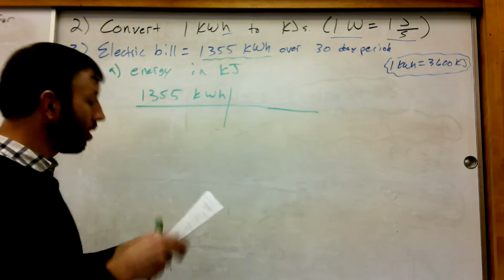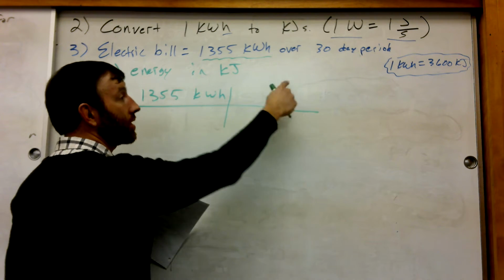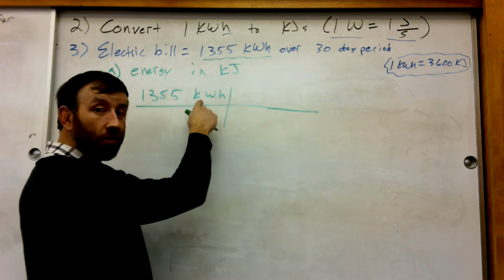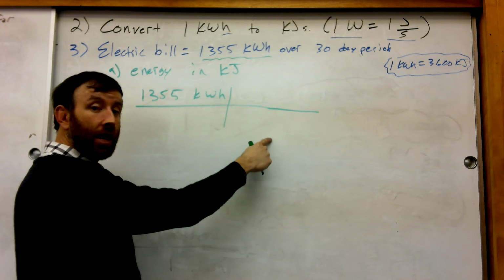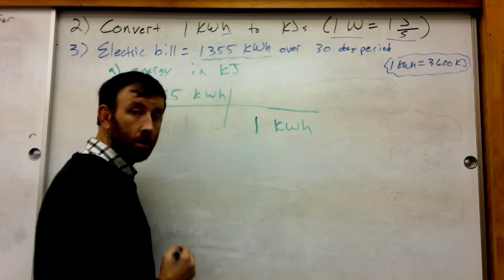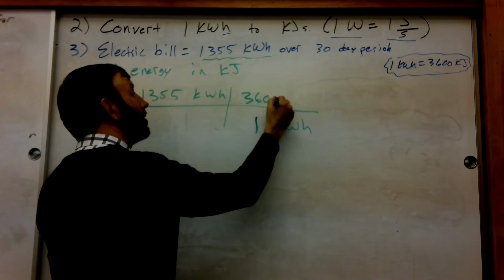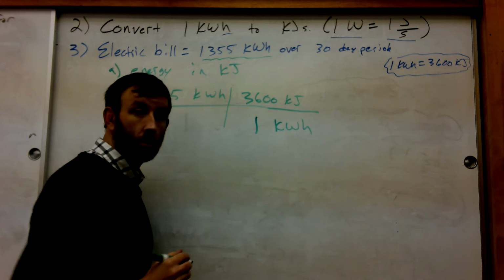So what I do then is I want to convert kilowatt hours into kilojoules. If I want to get out of kilowatt hours, it needs to go on the opposite side of my fraction. So 1 kilowatt hour is equal to 3,600 kilojoules.